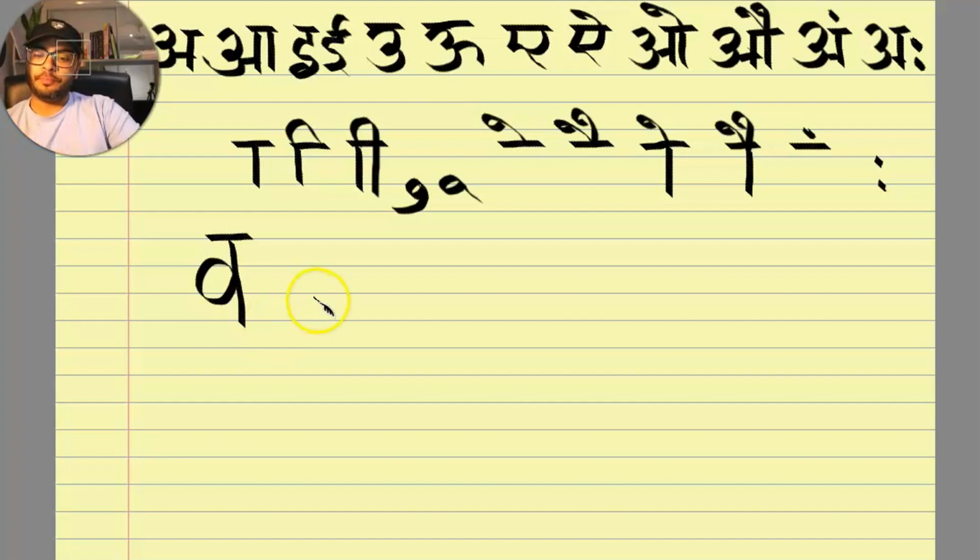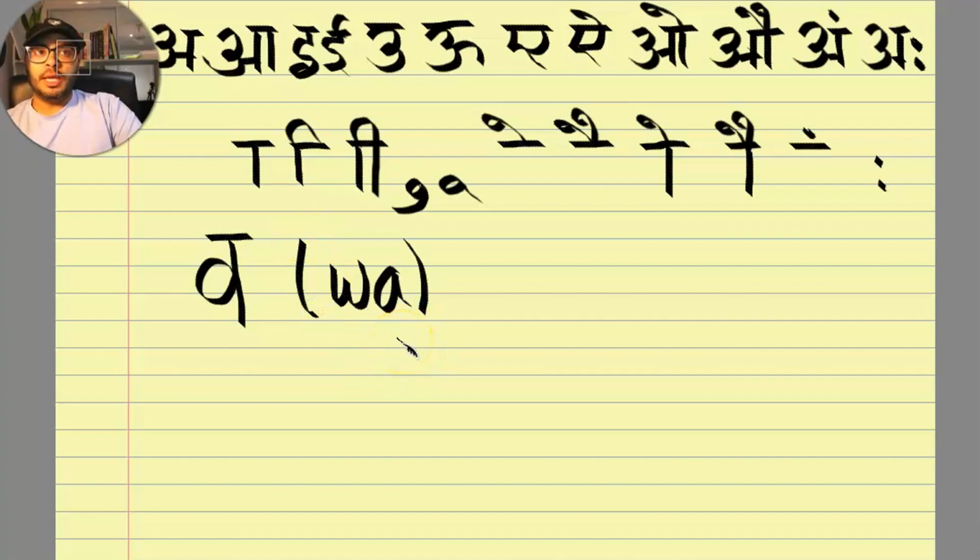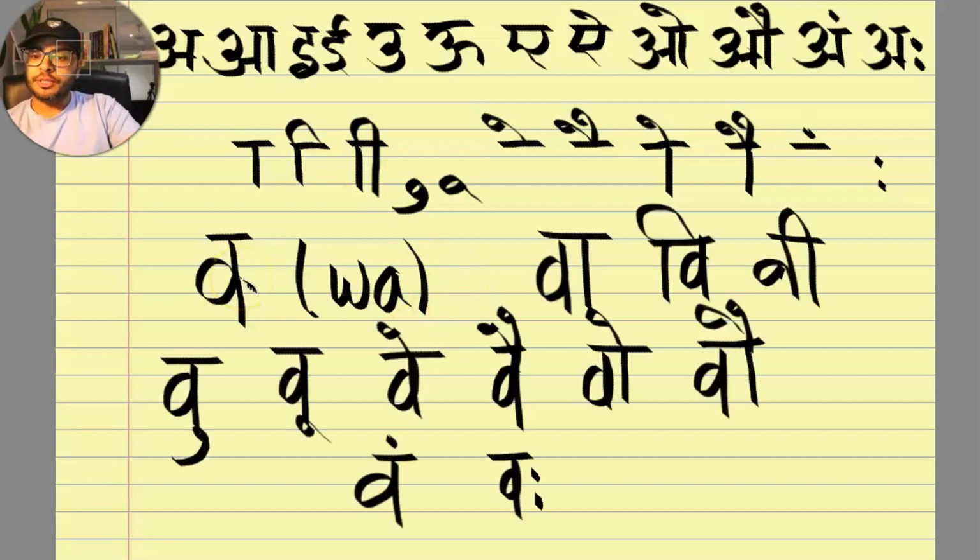The IAST for this sound would be W and A. A sound in English that resembles this is when you say want, and a Nepali word that uses this sound would be something like vidyalaya. Vidyalaya means school. Barakhari for this sound would be wa, wi, wu, we, wai, wo, wum, wah.